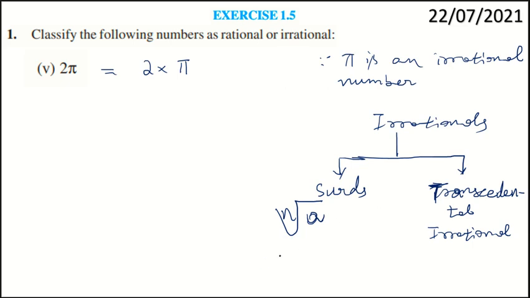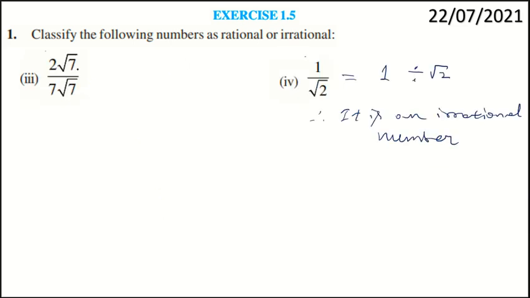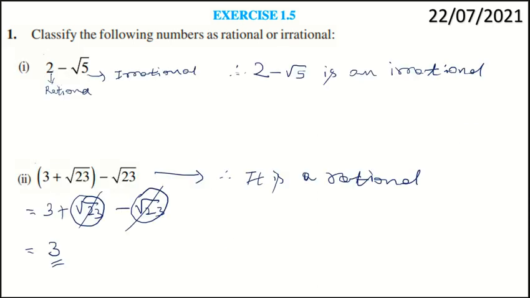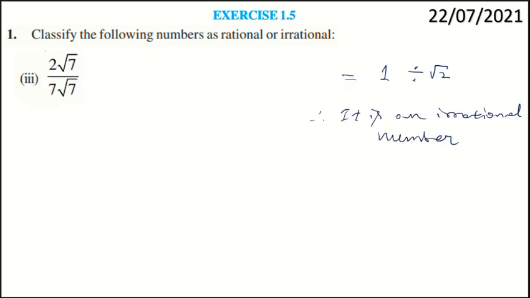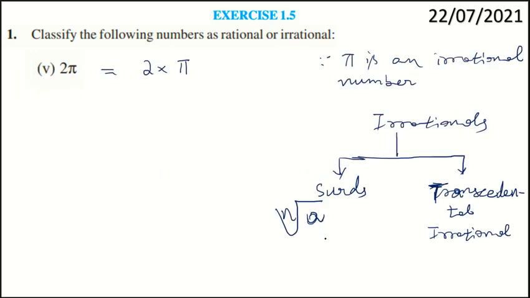Earlier you have seen questions such as 2 root 7, it is a surd. You have seen 2 minus root 5, it is a surd. So these have the nth root a form, or maybe rational with the same nth root a form. They are all surds, simple surds and compound surds. You will come to know later.